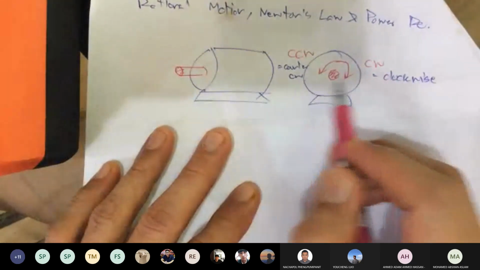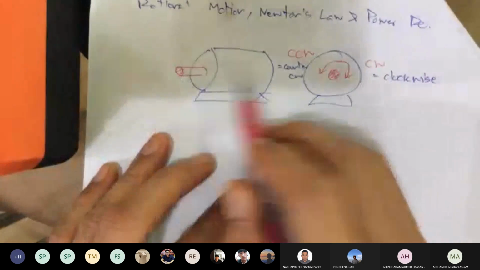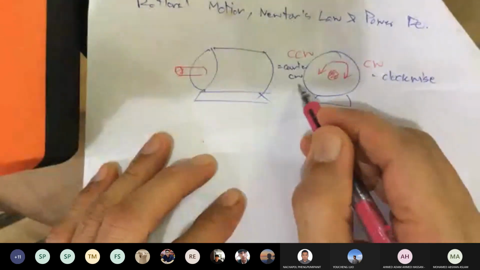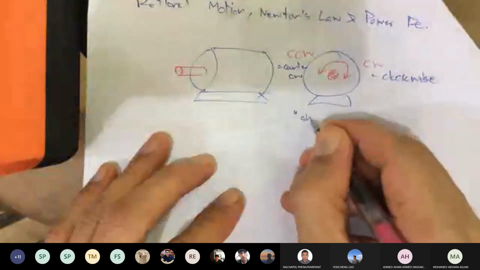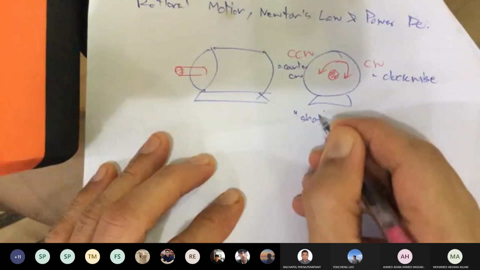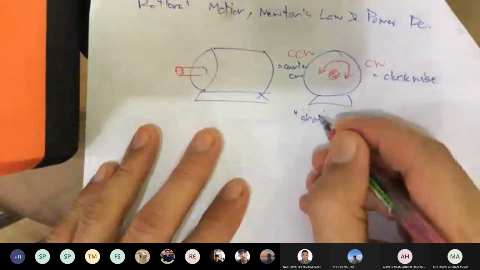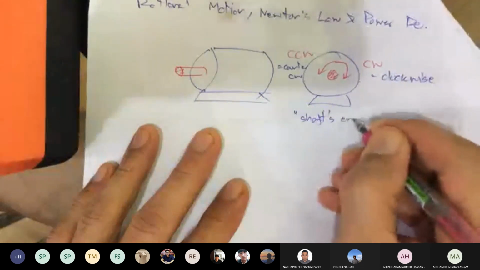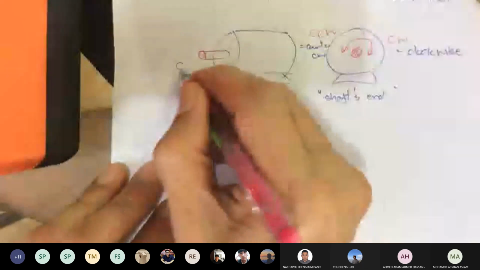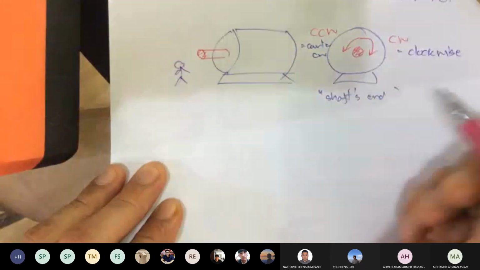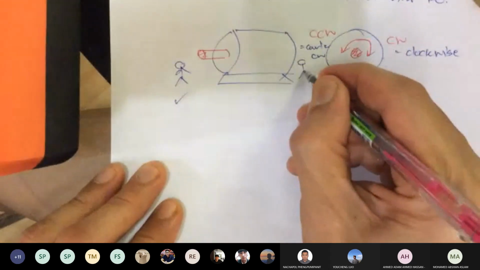Now, how do we tell if you're standing on the back of this or in front of this? It's going to be opposite. So we define this based on the shaft's end. Okay, so the people have to be standing on this side. Okay, you can't stand here on the back of the machine.